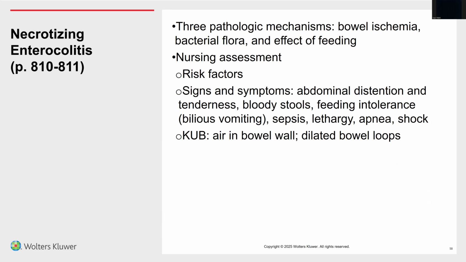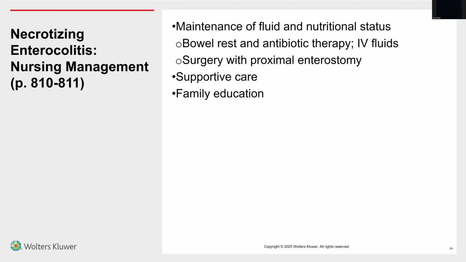The baby will get a KUB to check for any air in the bowel wall or dilated bowel loops. We need to maintain their fluid and nutritional status. We're going to provide bowel rest and antibiotic therapy, give them IV fluids. They will have surgery with a proximal enterostomy. We're going to provide lots of supportive care and family education through this.